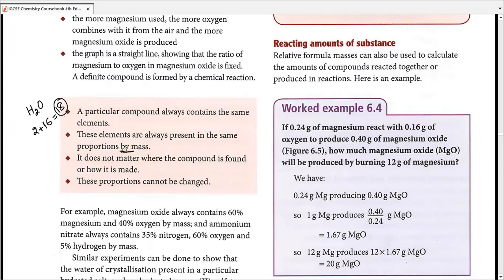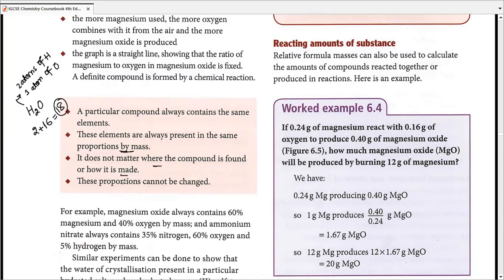It's not just the proportion by mass, it's also the proportion by atoms. You are every time going to make water with two atoms of H, right? And you're going to make it with one atom of O. So the proportion with respect to atoms or with respect to masses remains the same always. Now, it does not matter where the compound is found or how it is made.